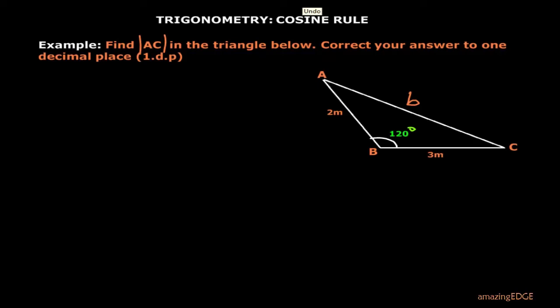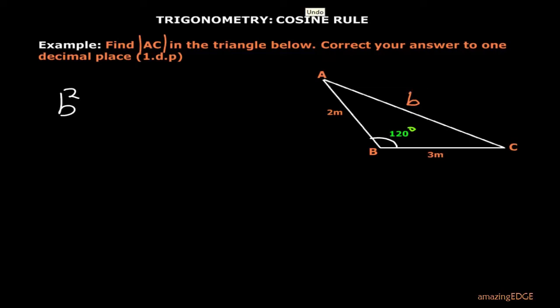In using cosine rule, remember that this side agrees with this angle. So what we are going to use is the second form of the cosine rule, the one that involves b squared, because the angle 120 degrees is facing side b.